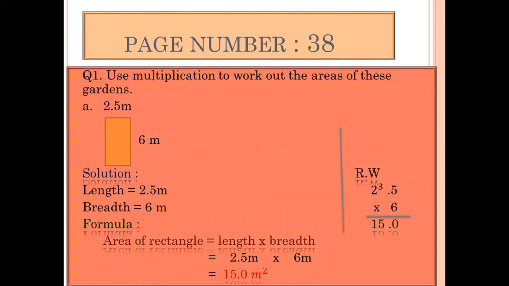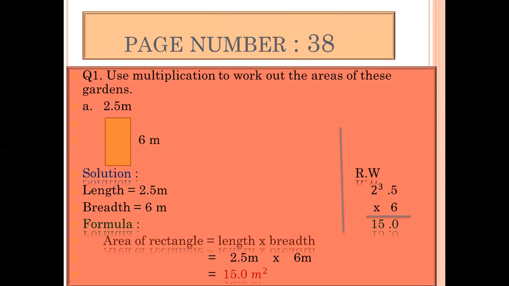Part A, as you see on the slide, 2.5 meter and 6 meter. 2.5 is length and 6 meter is breadth. Area of rectangle is length multiplied by breadth. Under the length you will write 2.5 meter and under the breadth you write there 6 meter.